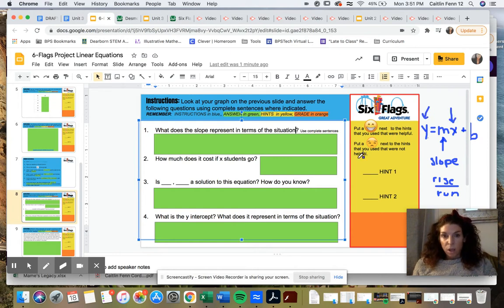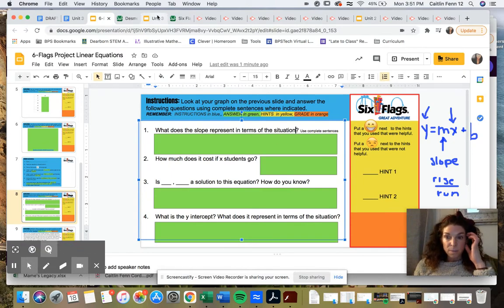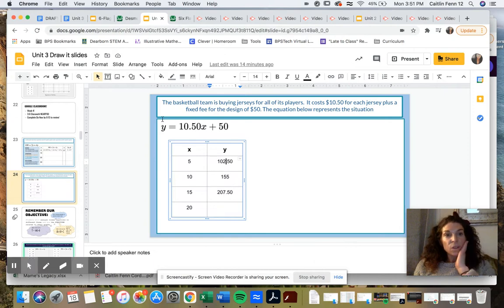So in this example with our basketball jerseys, you can see that we have this equation set up like that. We have y by itself, some number, m, in front of the x, plus some other number. So that number, $10.50, that is our slope.